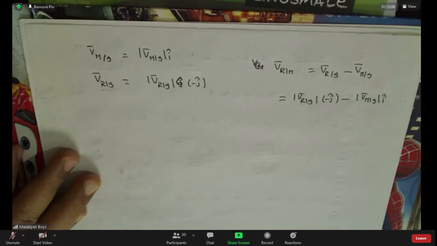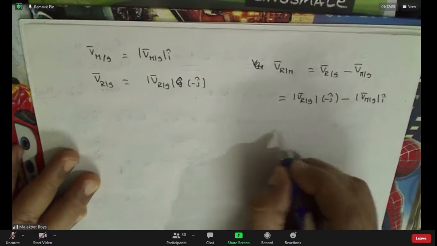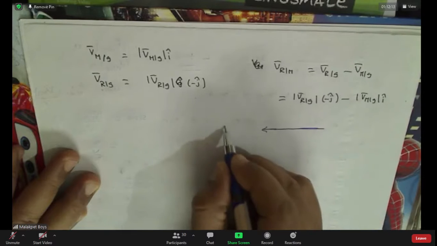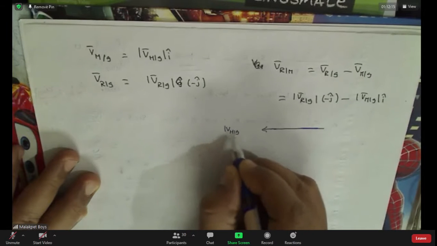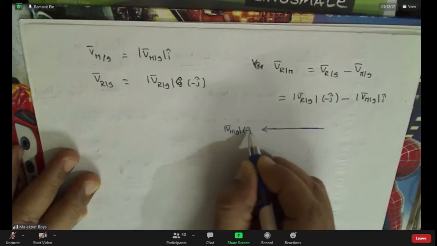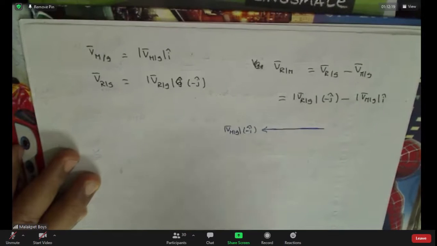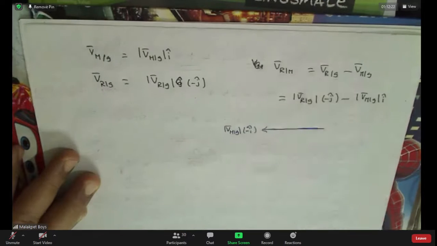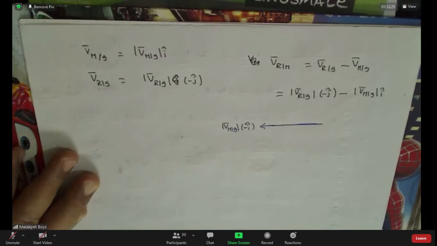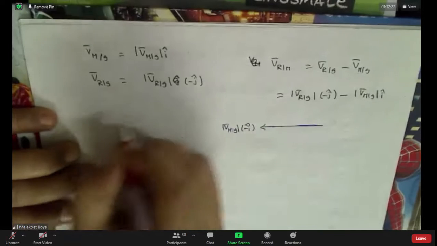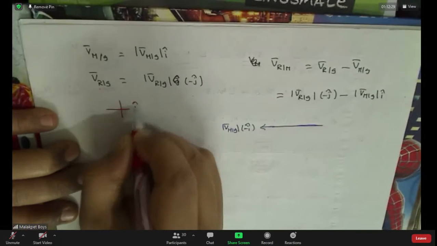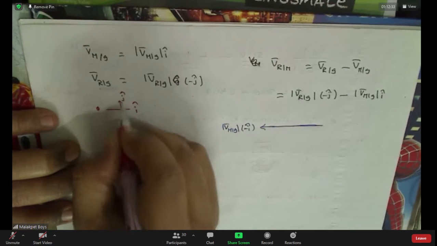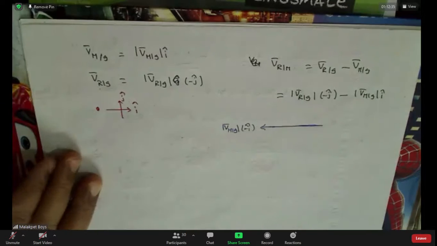Now you can see this is minus i. I'm simply making a vector addition, nothing else.